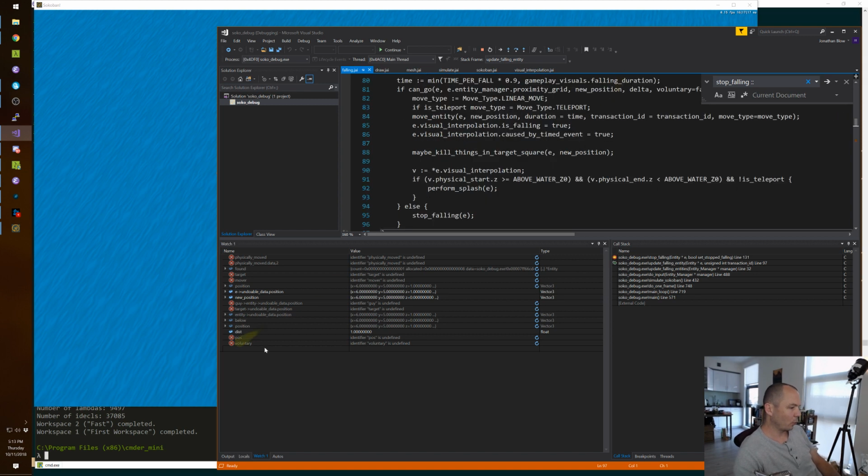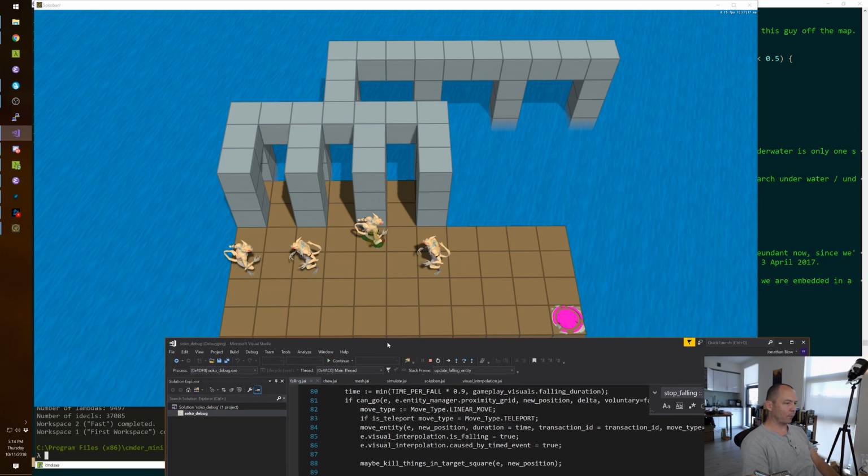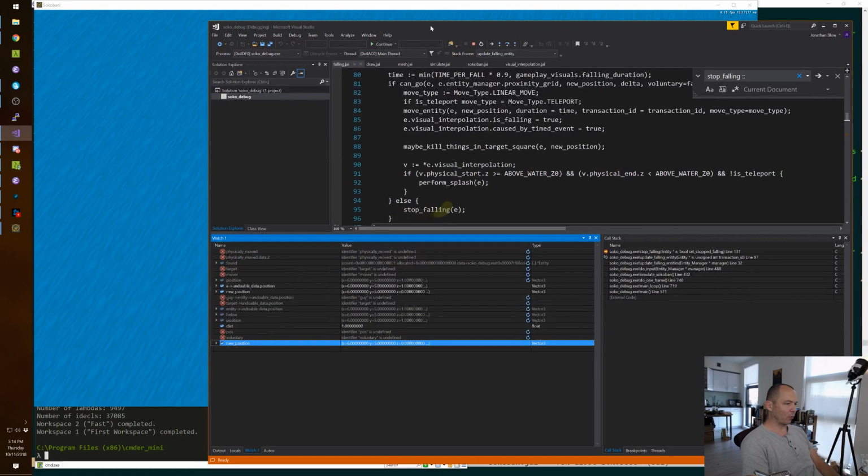Probably new position is z equals 0. Yeah. So the guy doesn't kill the monster correctly. Because he doesn't kill the monster correctly, he can't enter the square where the monster is.